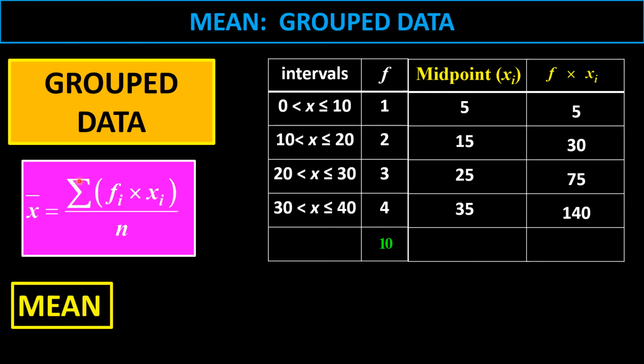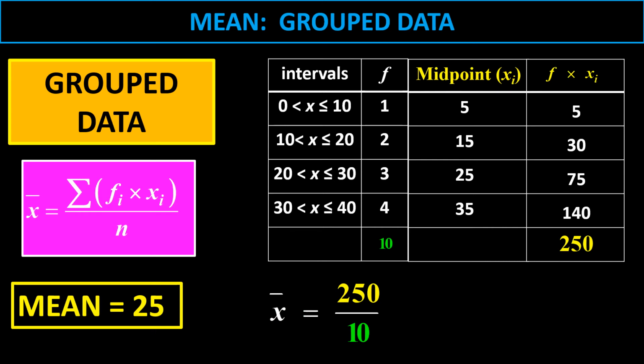But we want to obtain the sum. So I find the sum of the product. Now once I have that, there's the numerator part. And this n value is my denominator part. So it's 250 divided by 10. That's quite easy. So my arithmetic mean here would be 25.